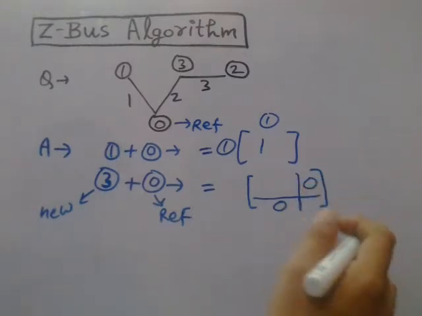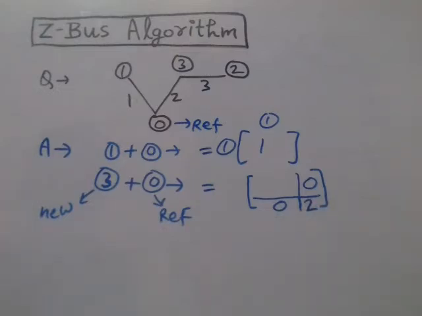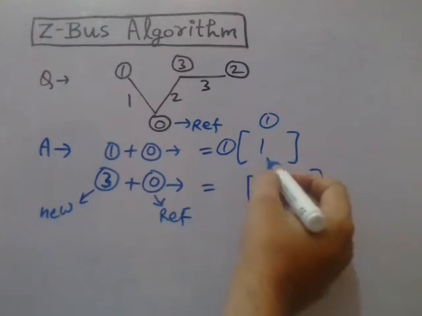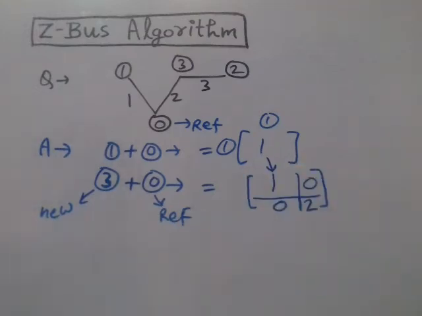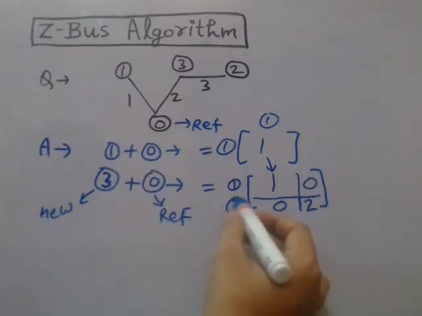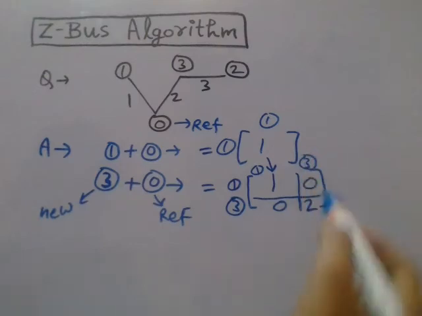So branch impedance is 2, write 2 here. So here you write 1, that is the earlier old one, right? So this is node number 1, node number 3.